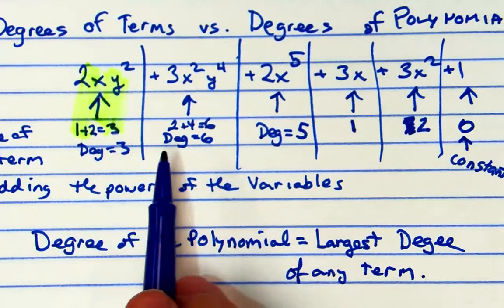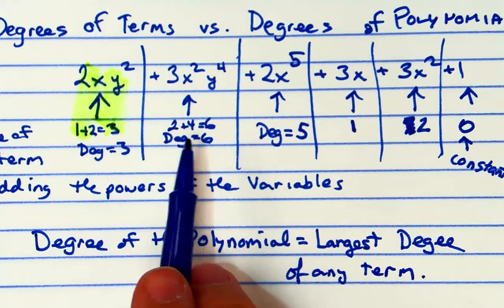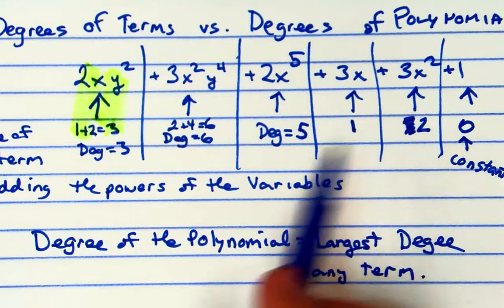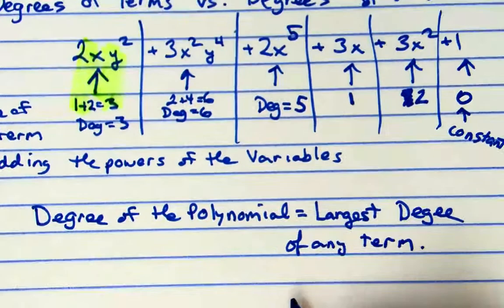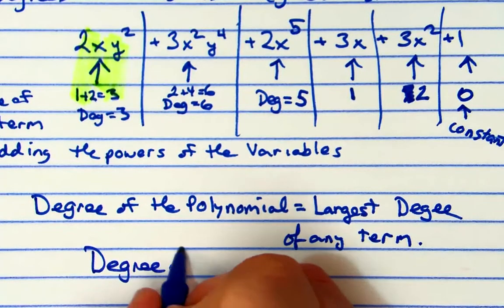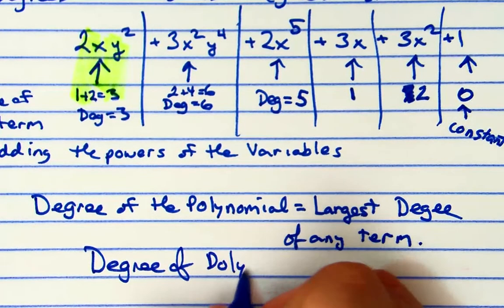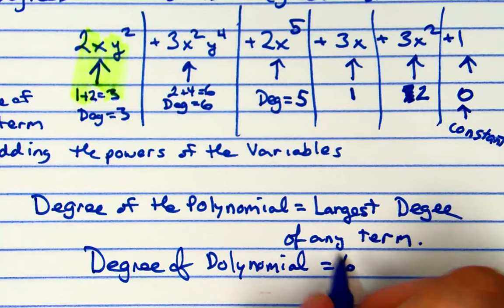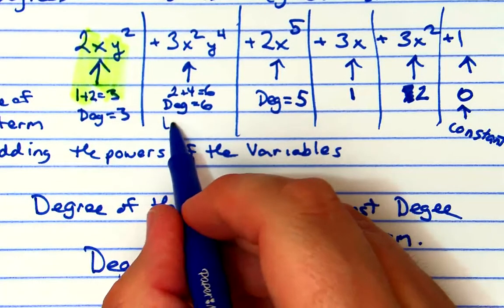So if I look through this and I see 3, 6, 5, 1, 2, and a 0, I know the degree of the polynomial is equal to 6 because this is the largest.